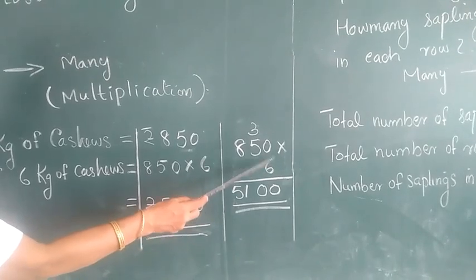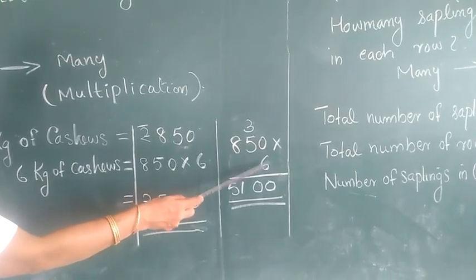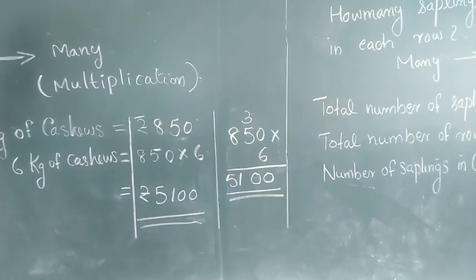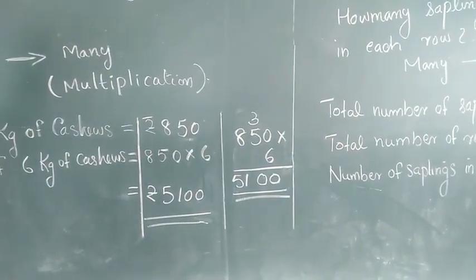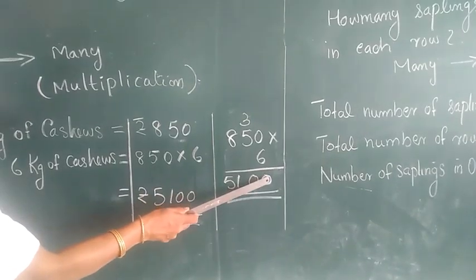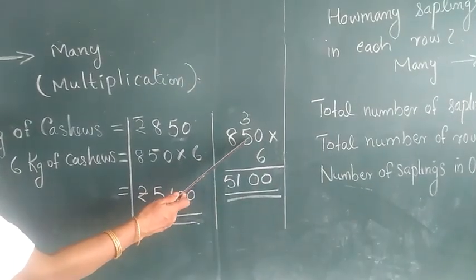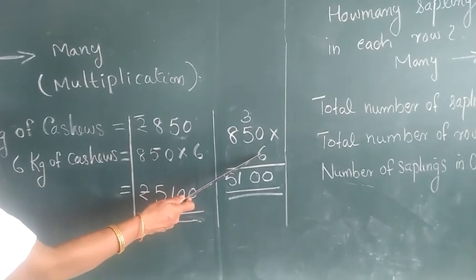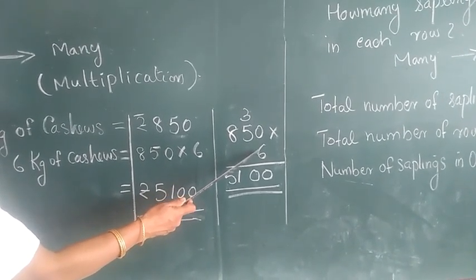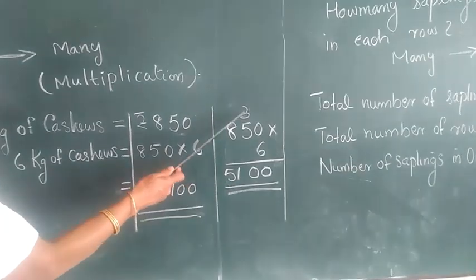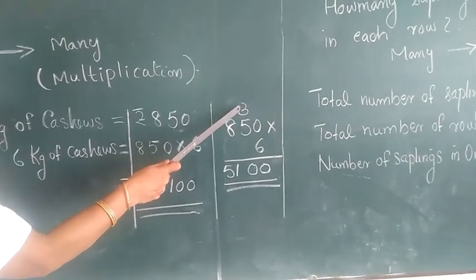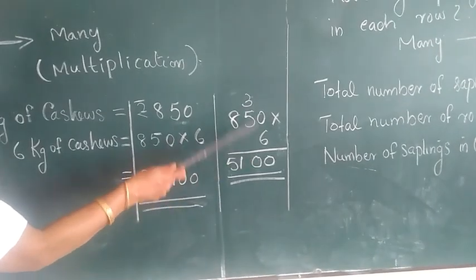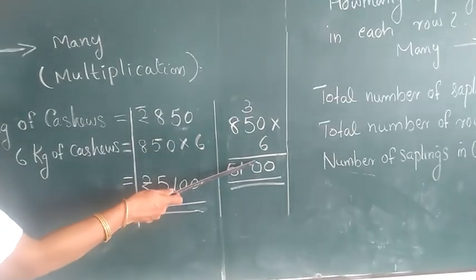850 into 6. 0 into 6, 0. 0 into any number, 0. Next, tens digit 5. 5 into 6, 30. The 0 we will write here, and the 3 is carried.